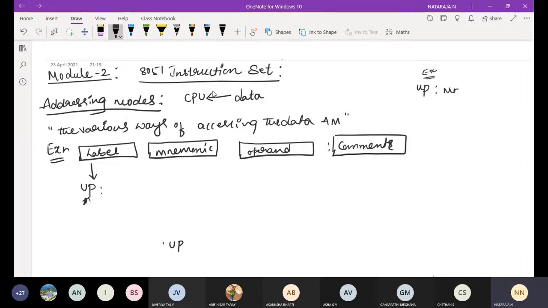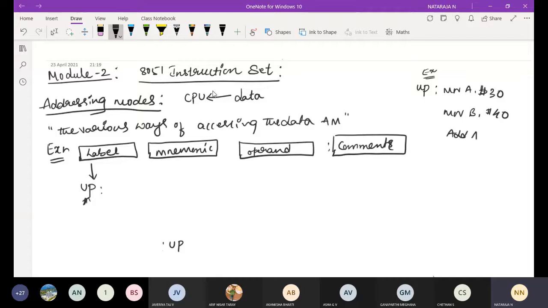Now MOV A, #30. Whatever the content, 30 will be moved to A. MOV B, #40.